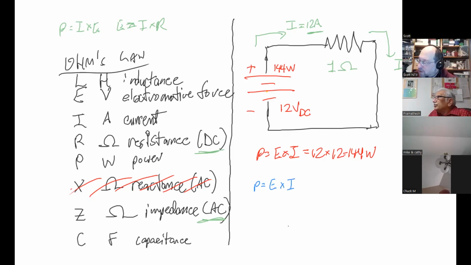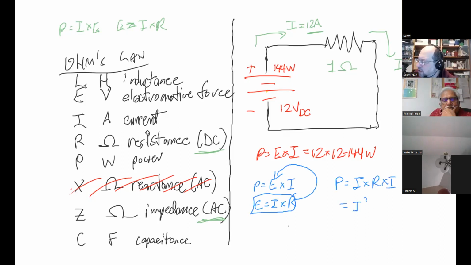And the other one is E equals I times R. So we're going to substitute E equals I times R, because we know that power is equal to E times I. So now we have P is equal to I times R times I, is equal to I squared times R, is equal to 12 squared times 1, is equal to 144.